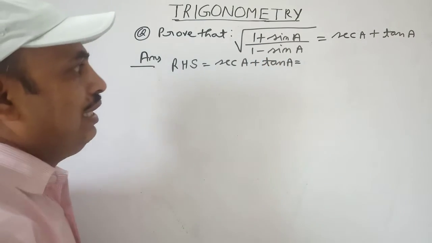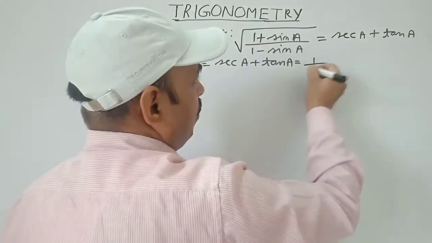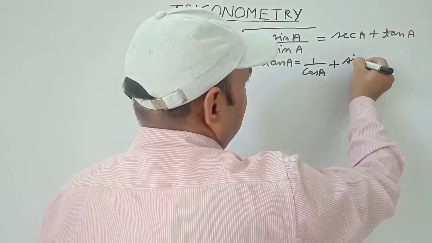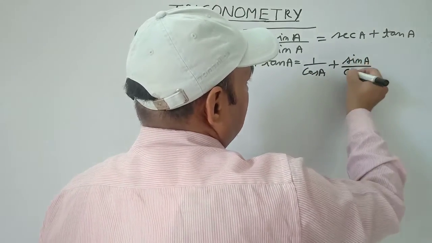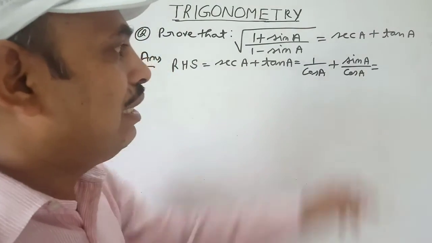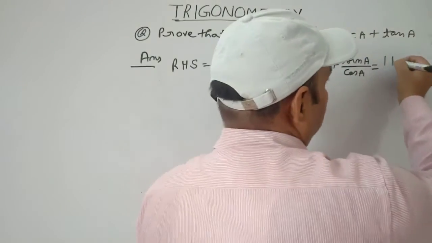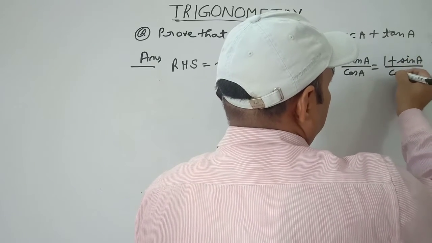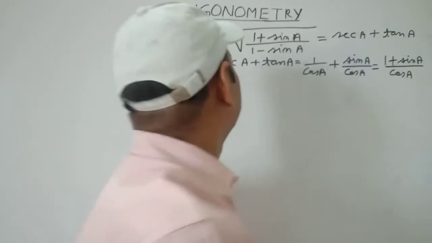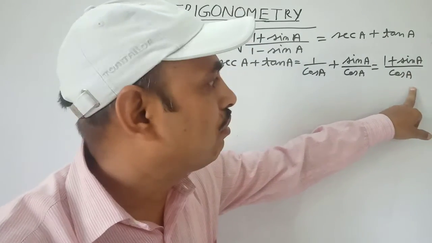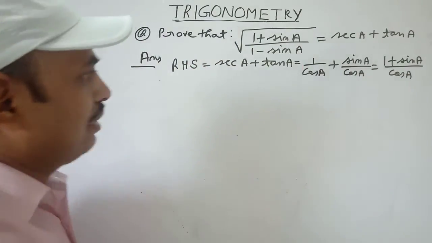We can write sec A as 1 upon cos A and tan A as sin A upon cos A. So this is equal to 1 plus sin A upon cos A. So RHS equals 1 plus sin A upon cos A. What is LHS?